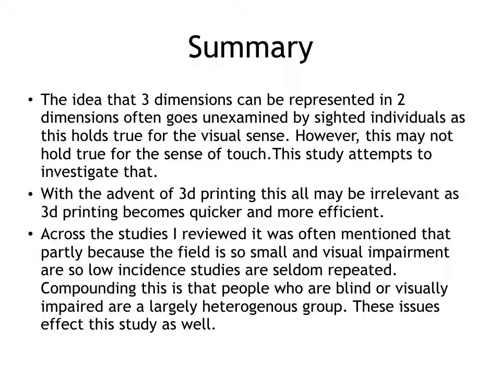And compounding this is that people who are blind or visually impaired are largely a heterogeneous group. So if you're looking at these studies that have small sample sizes, it's not obvious that the results can generalize across the whole group of people who are visually impaired or blind.